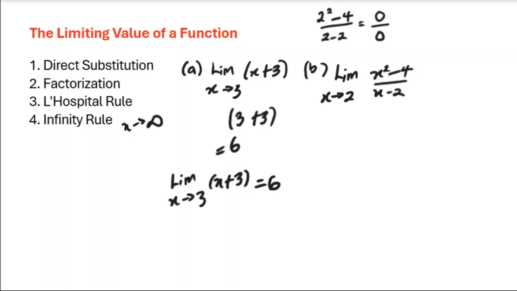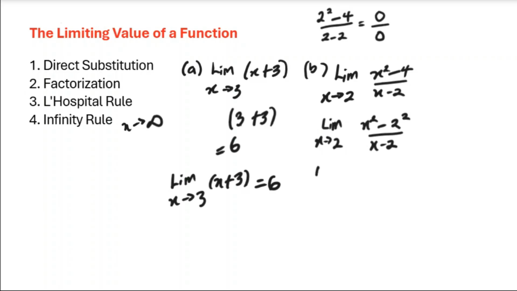Now you discover that the numerator, which is x squared minus 4, can be written as limit as x tends to 2 of x squared minus 2 raised to power 2, because 2 raised to power 2 is the same thing as 4, divided by x minus 2.